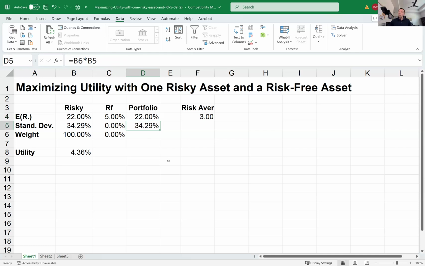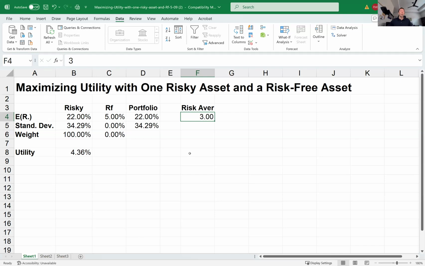The standard deviation of the portfolio, this is equation two, is the weight on the risky asset times the standard deviation of the risky asset. That gives us our standard deviation of the portfolio. Here is where we've entered the coefficient of risk aversion for our investor.